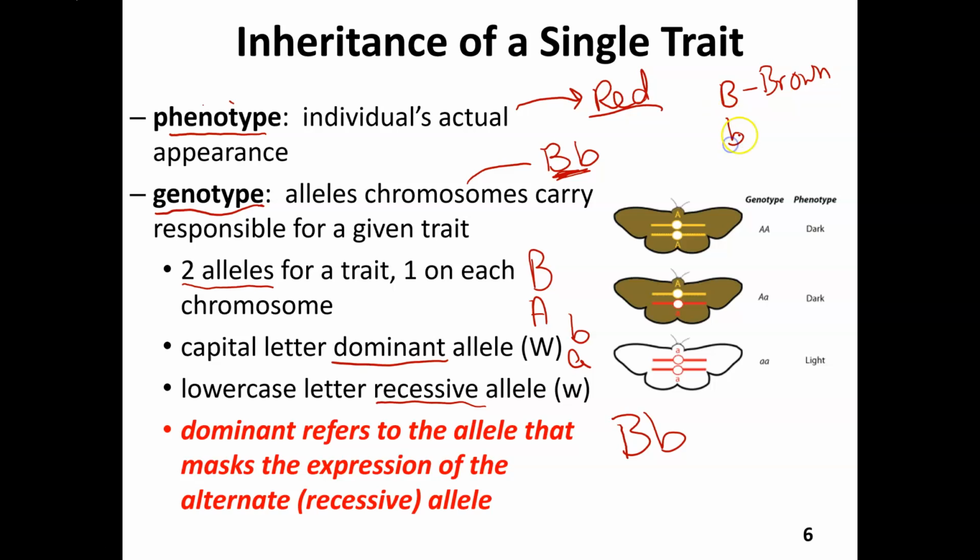And little b is blonde. So if you have a big B, you can still pass on a blonde allele, but you will actually express phenotypically brown hair. The only way you would express blonde hair is if you had two little b's.